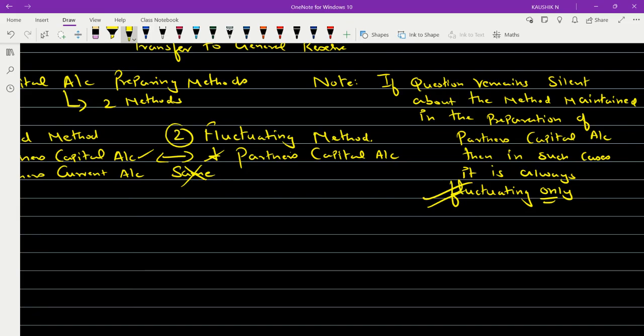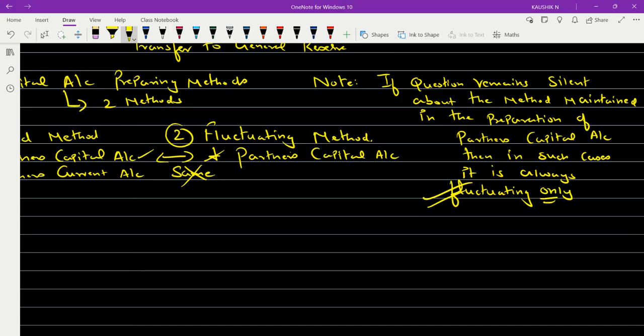So one from the perspective of the requirement of accounts and its information. Second, with respect to time management, it is always advisable to go only with the fluctuating method when the question remains silent. But if the question has specifically mentioned it has to be prepared by adopting the fixed capital method, then no other go, you need to follow the fixed capital method.